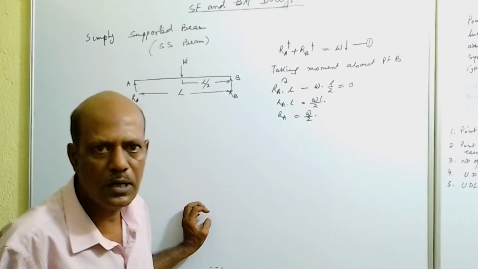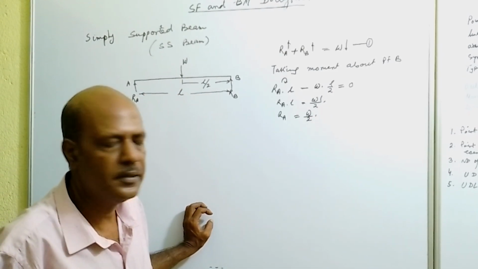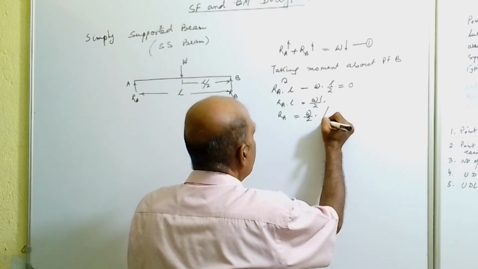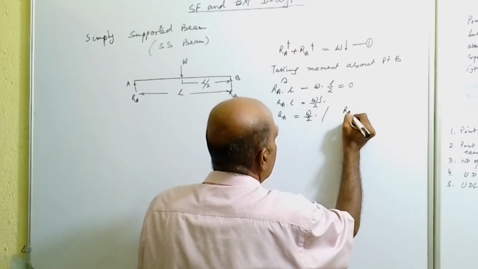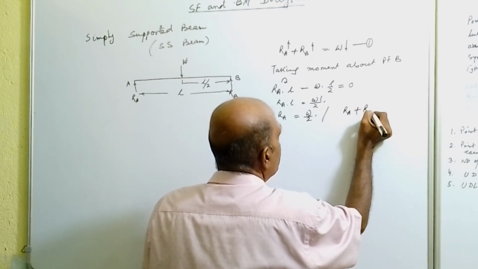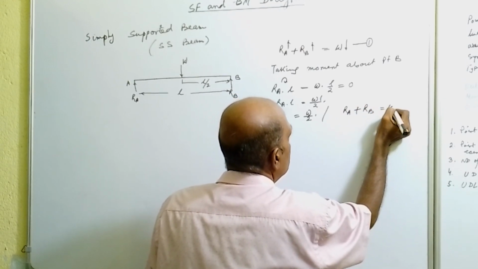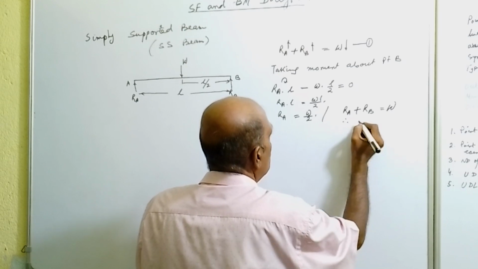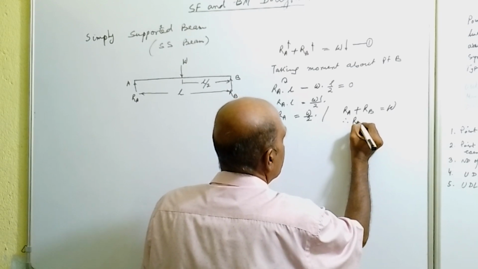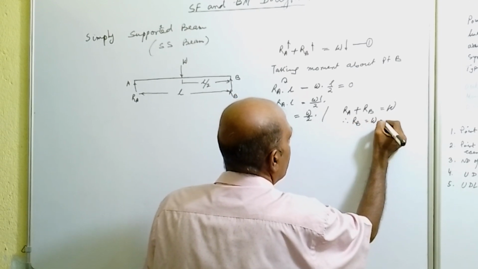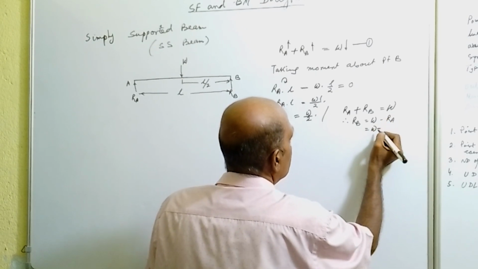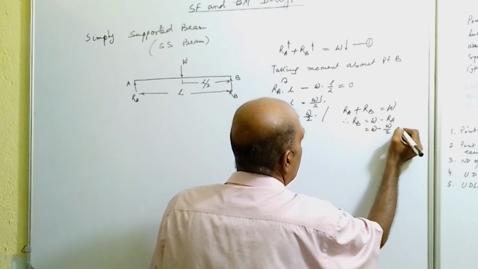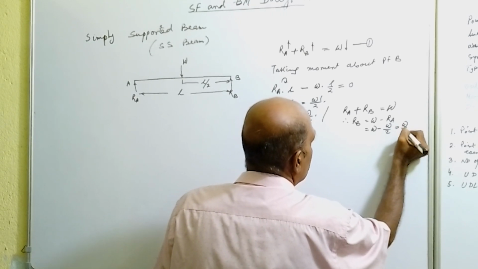So we have got the reaction at point A. Similarly, from equation number 1, RA plus RB is equal to W, so RB is equal to W minus RA, which is W minus W by 2, that is also W by 2.